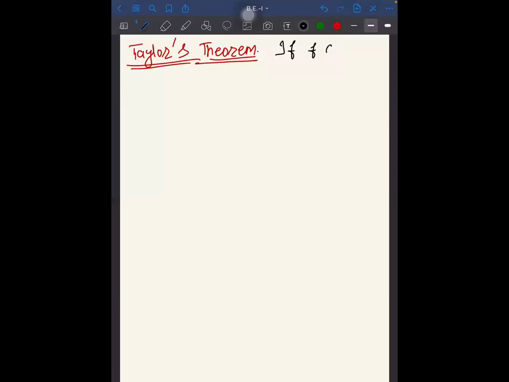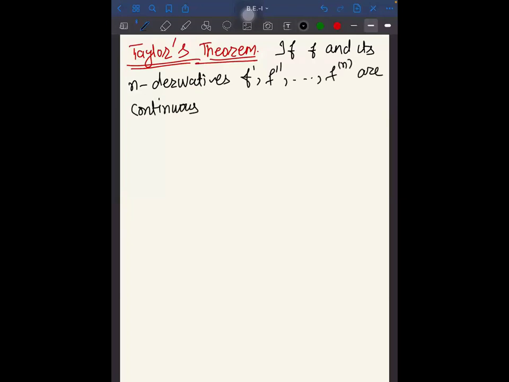Suppose f and its n derivatives, which are, of course, you know them, f', f'', and up to the nth, are continuous on [a, b], and the nth derivative is differentiable on the open interval (a, b).